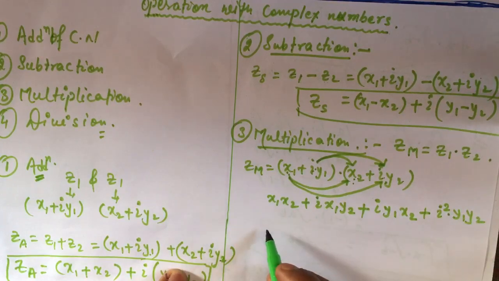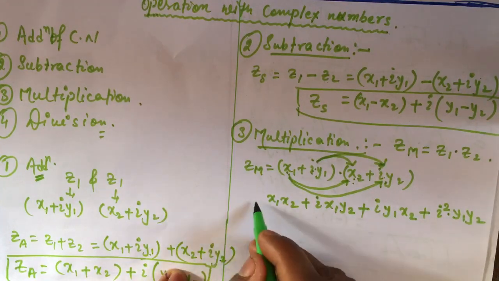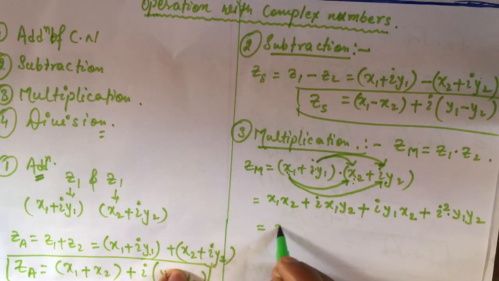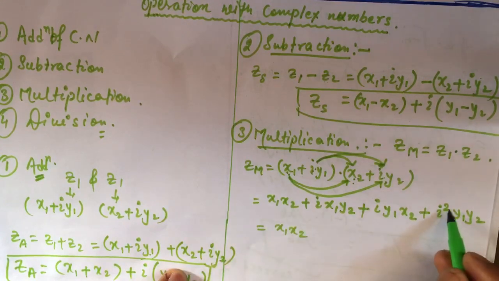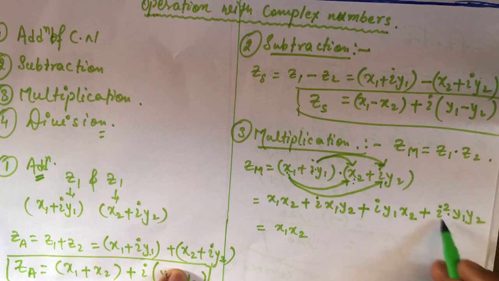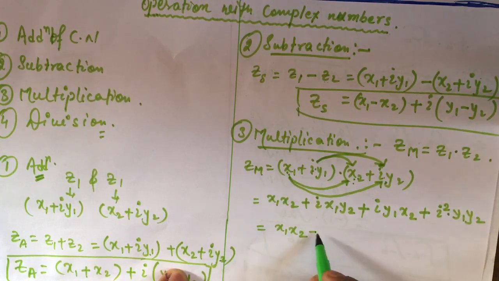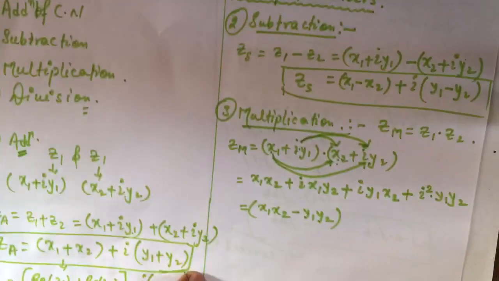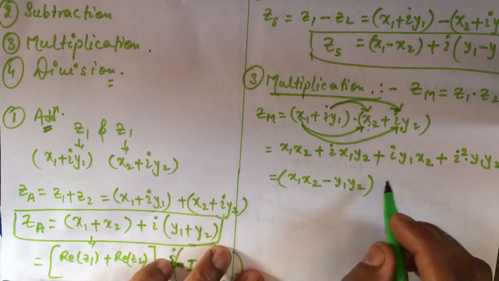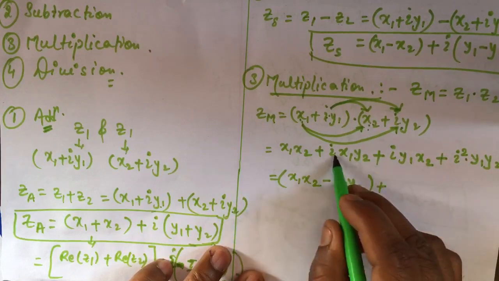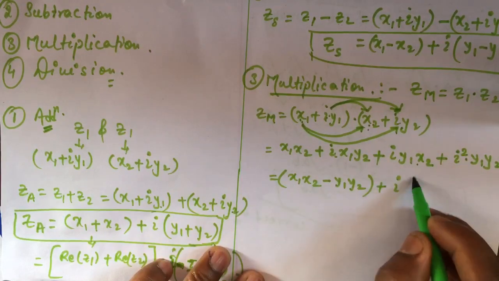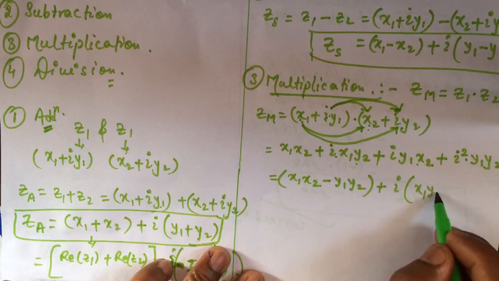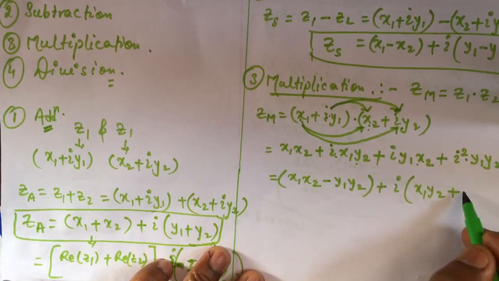Now we will separate the real and imaginary parts. So this is the real part, x1 x2, and i square becomes minus 1. So this will again become the real part, so minus y1 y2. This is the real part. Now taking out iota common from this and this: x1 y2 plus y1 x2.